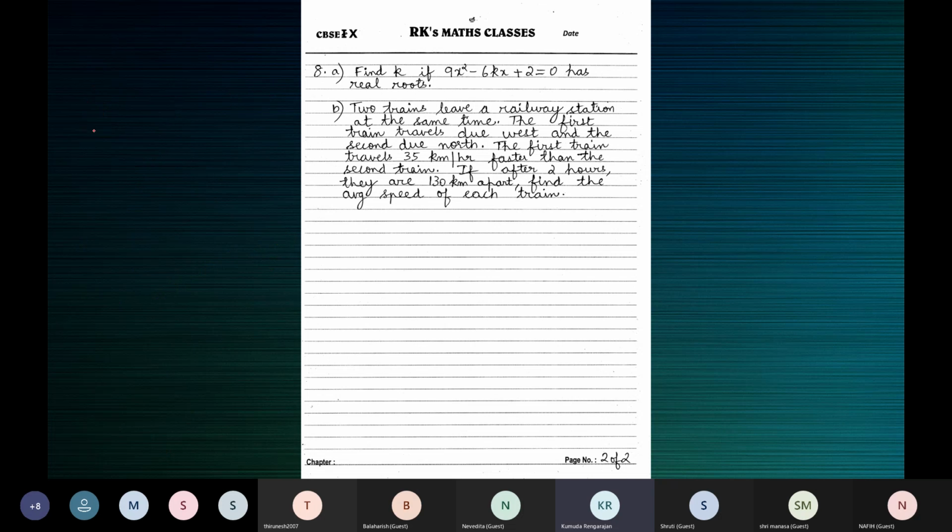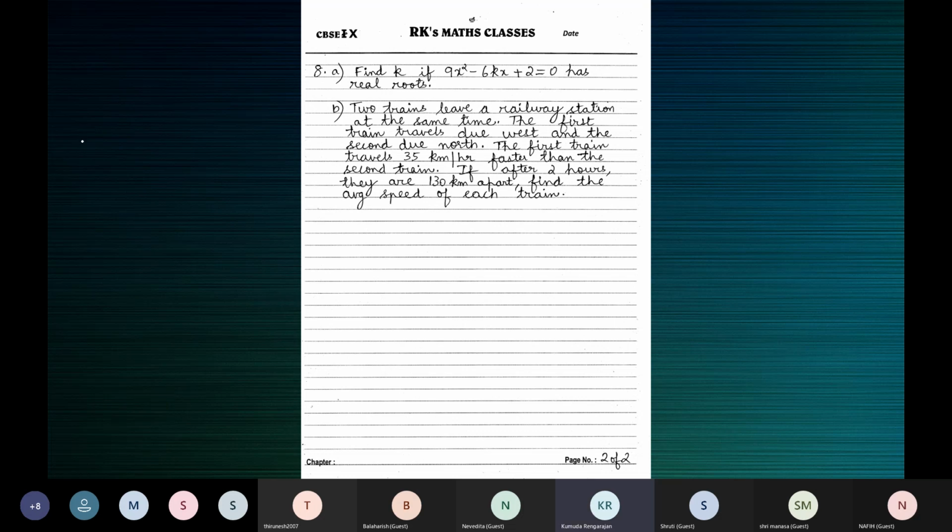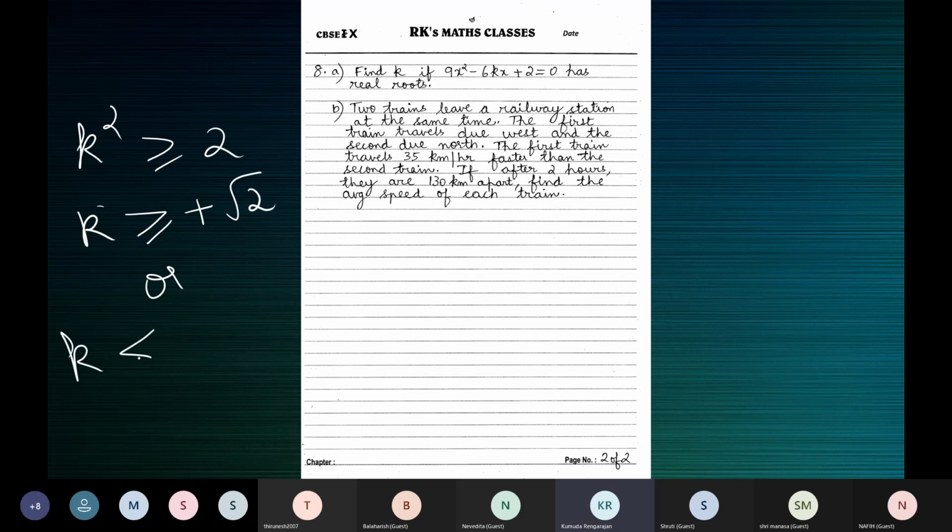So here, what did we get? I forgot. Okay, k squared is greater than or equal to 2. So k is greater than or equal to plus square root of 2 or k less than or equal to minus root 2.